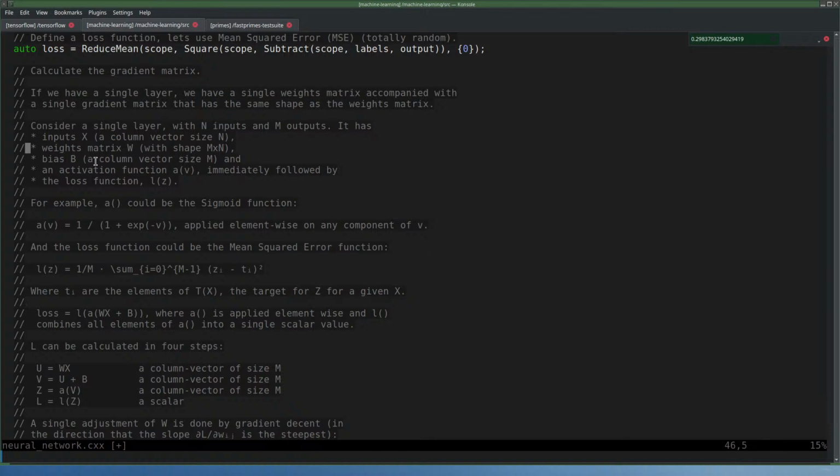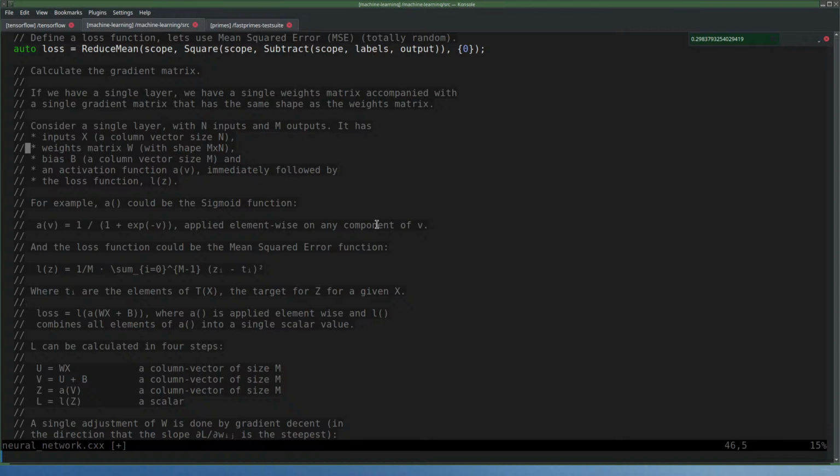And the weight matrix, W, which is the shape of m rows and n columns. And we have a bias B, which is a column vector of size m, but probably better to just treat it as another row of the weight matrix, but okay.